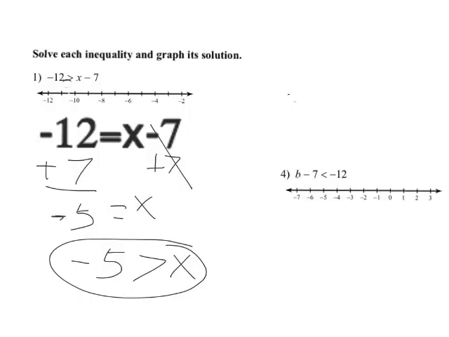So I'm going to go to the negative 5 and put a circle over it, and notice that this circle is going to be open over my negative 5. The reason it's open is because there is not a line underneath the greater than or less than sign.